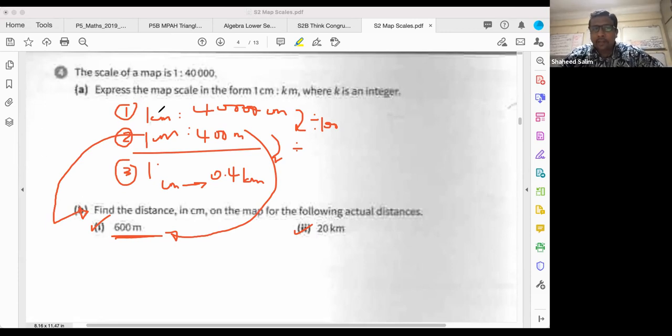So all this stuff, you must be flexible yourself. You imagine they are your customers. They want cm to sm, cm to meter, cm to km. Just ask me what you want.